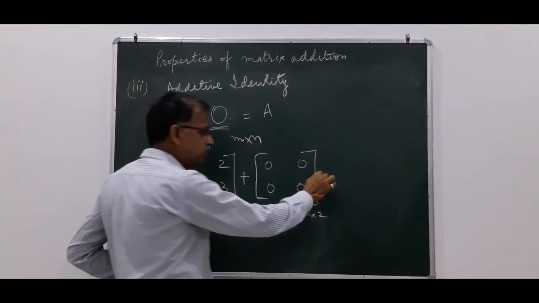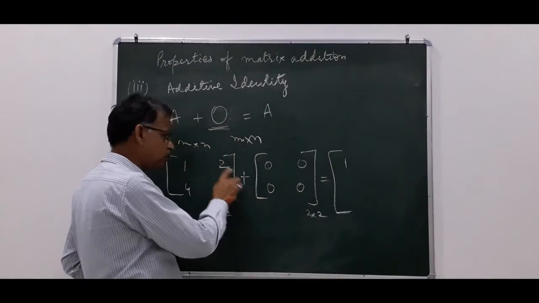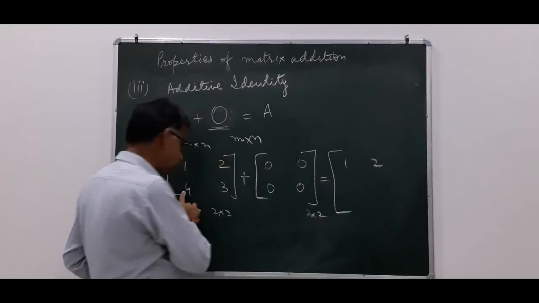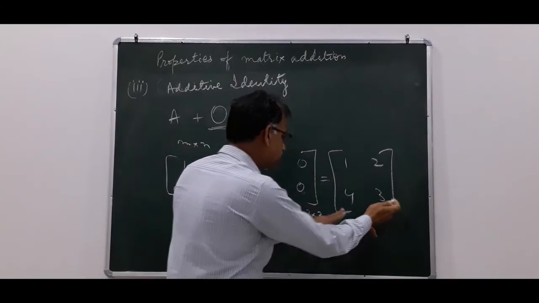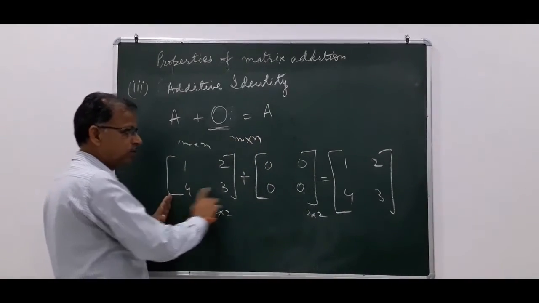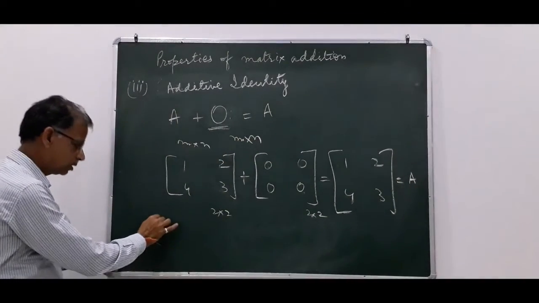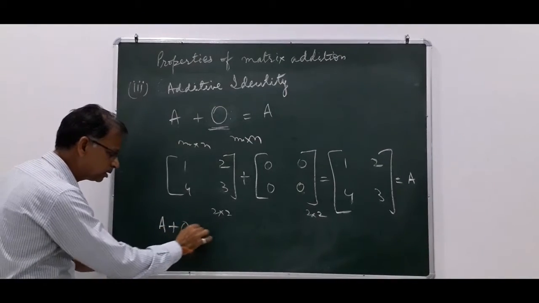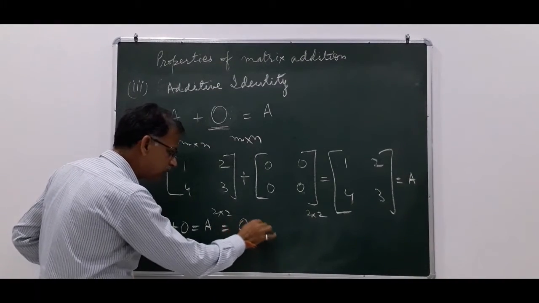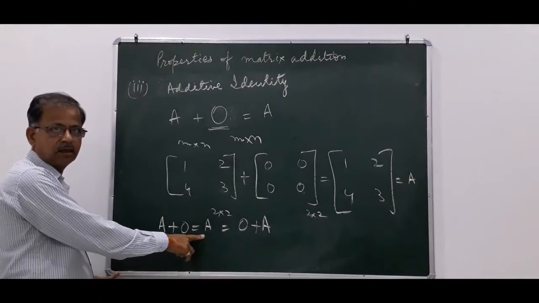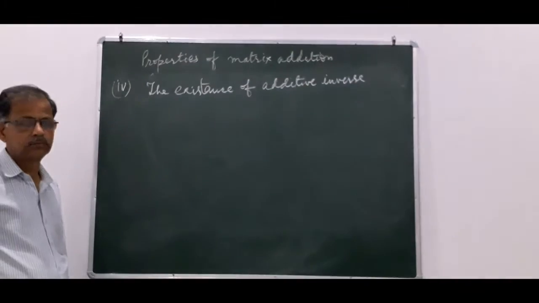Now we find sum of these two matrices. 1 plus 0, 1. 2 plus 0, 2. 4 plus 0, 4. 3 plus 0, 3. Now we compare this matrix. It means this matrix is A. So, A plus null matrix is A, or null matrix plus A is again matrix A. So, this null matrix is additive identity.